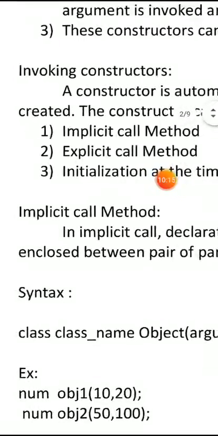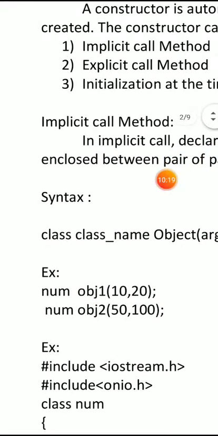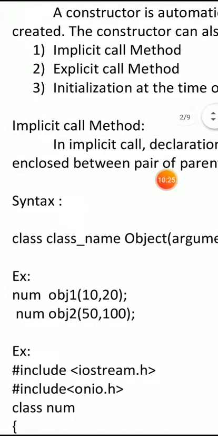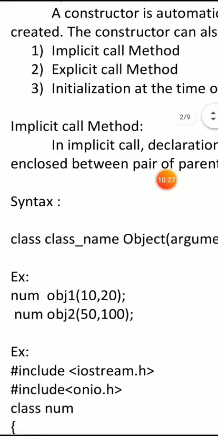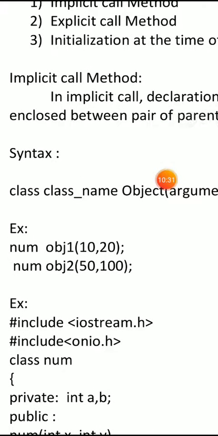In the case of the implicit method, the syntax is class name, object, followed by arguments. Here I wrote the example. You can refer to the above programming example for the implicit call of a parameterized constructor, because here the object is created and soon after, we are passing the arguments.